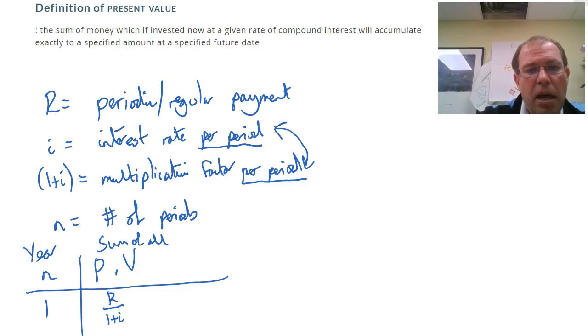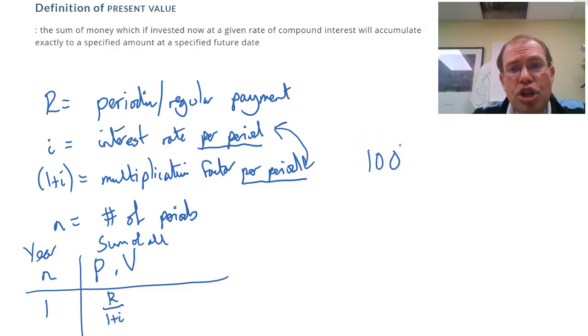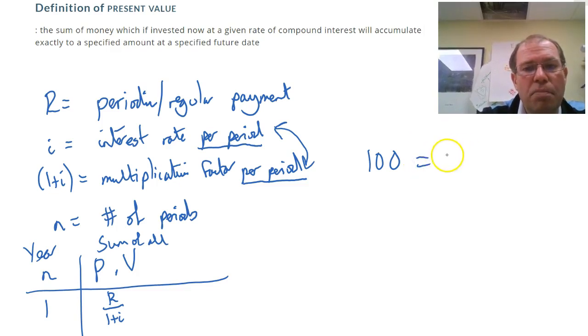Imagine I have an amount and I want it in the future to be $100, and I don't know how much the present value is. I'll call it PV1, and imagine I'm just increasing it with one compounding at 10%. So my multiplying factor is 1 plus 10%, 0.1, so 1.1.